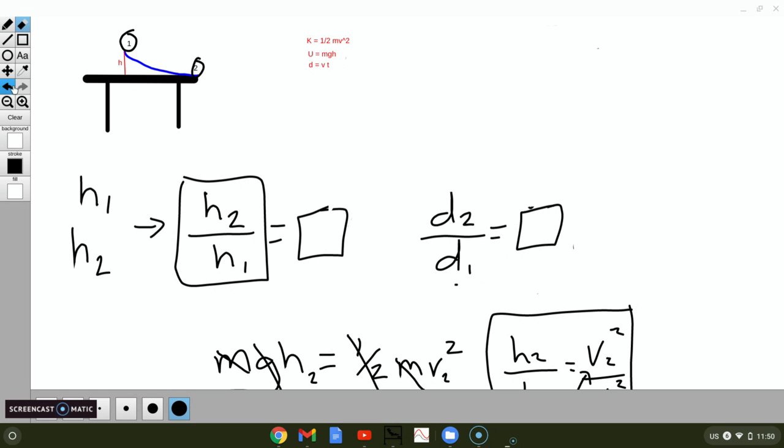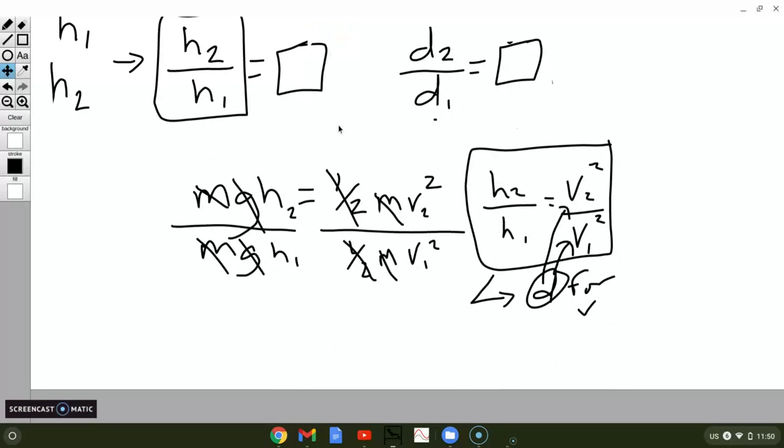All right. Now, the reason why not is because when we come down here, these two heights, height 2 to height 1, are equal to what you would get for the distance squared over the distance squared, not just the distance divided by the distance, right?